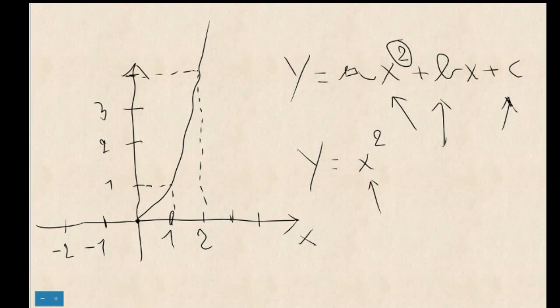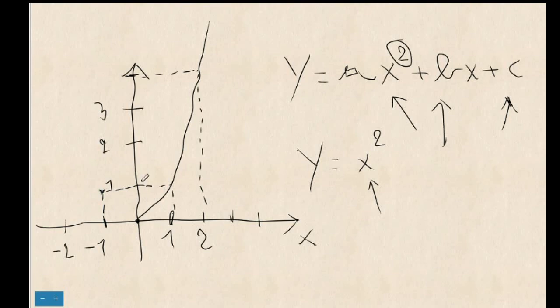So let's see what happens now when x is negative. What we can do, we can now take x equal to -1. As you can see, this exponent here makes x squared positive. So -1 times -1 is 1. It means that our function will go through this point here, -1, 1.